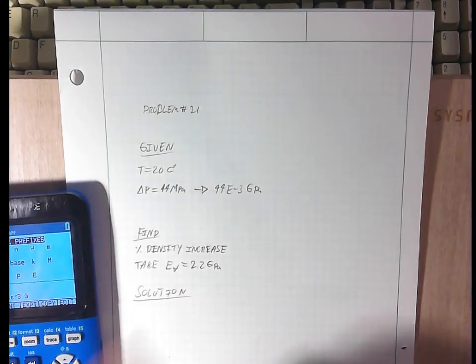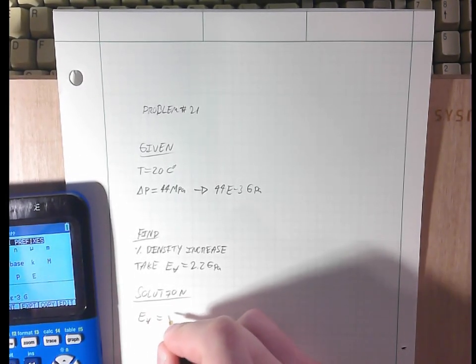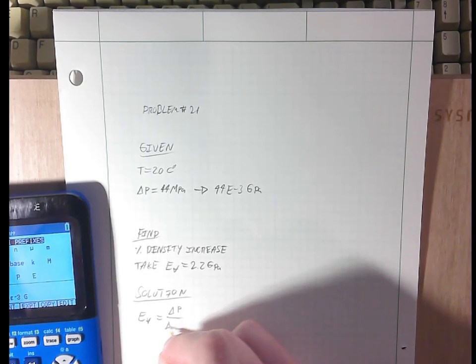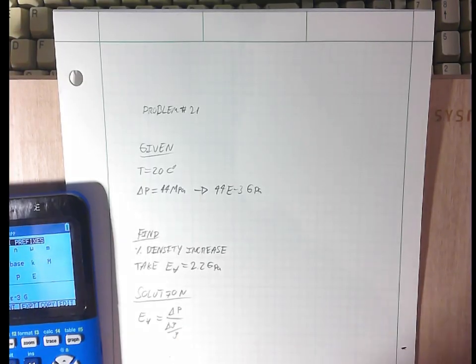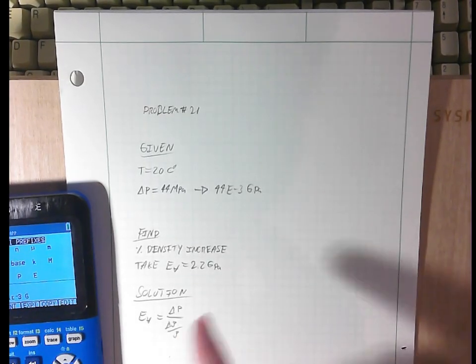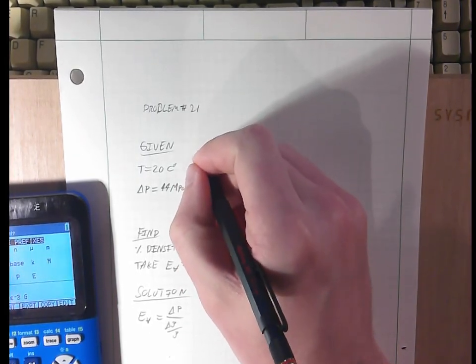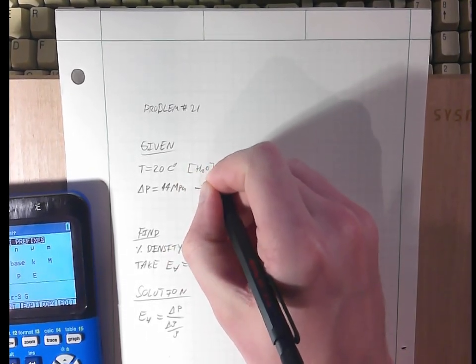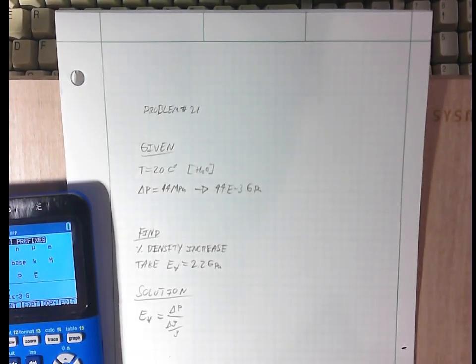Now, if we remember, the equation here is equal to, well, one way you can put it is delta P over change in density over density. Now, we are told it's also water, so I guess we're given that it's H2O. So we can find what is H2O at 20.